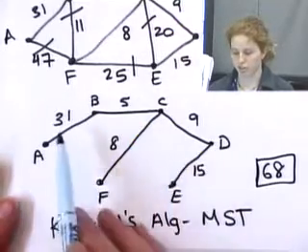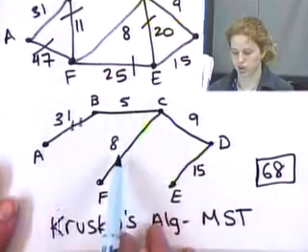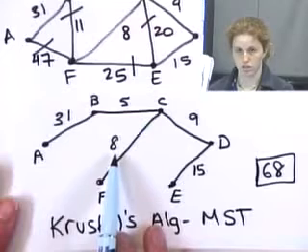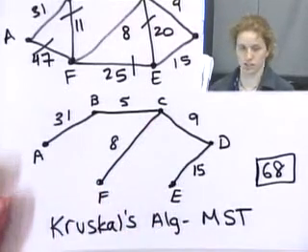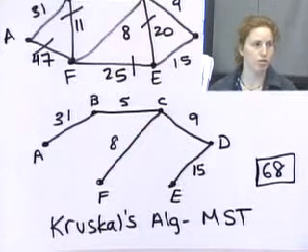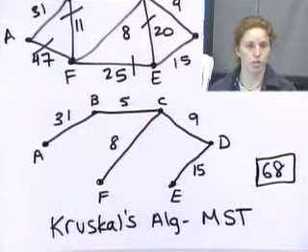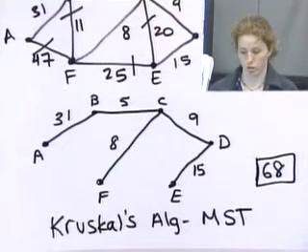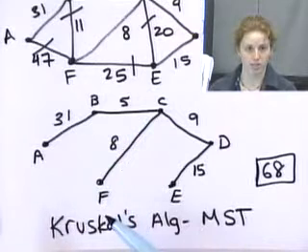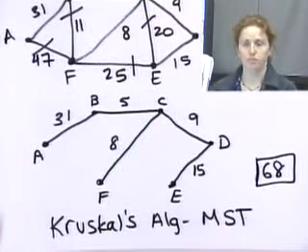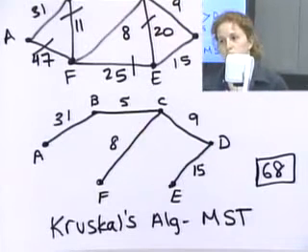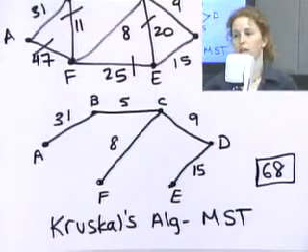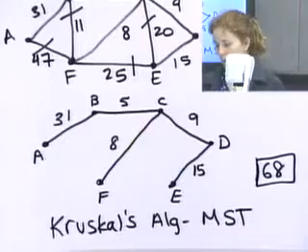Here we have 31 plus 5 is 36 plus 8 is 44, which is actually cheaper than taking that 47 edge that we took out. But if that one had been 42, then it would have been cheaper to use that edge than to go on this MST path. So this doesn't represent the shortest path between any two vertices. It just represents the smallest weight tree that spans all of them.